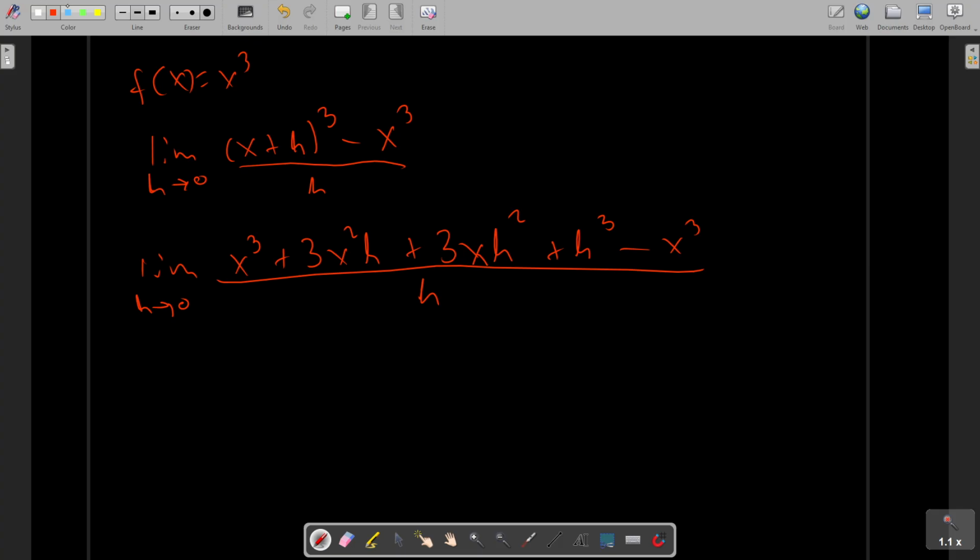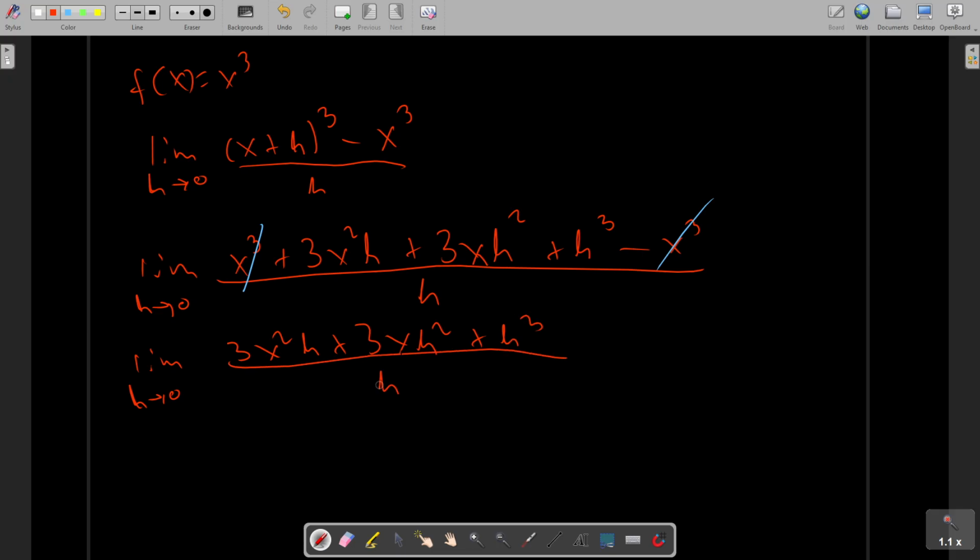So we can see that this x cubed crosses out with this x cubed, leaving us with the limit as h approaches 0 of 3x squared h plus 3xh squared plus h cubed over h. And what do all these terms have in common that results in the same type of answer as the last one? They all have an h. So we can pull out an h.